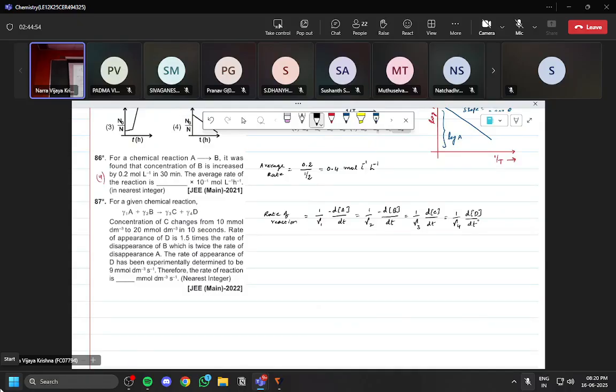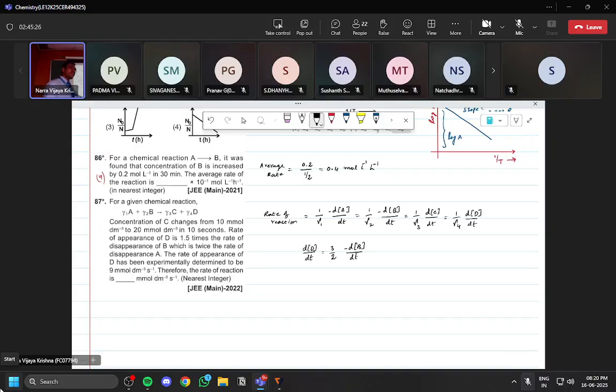What do they give? Rate of appearance of D. Rate of appearance of D means dD by dt. Correct? dD by dt is 1.5 times the rate of disappearance of B. Correct, sir?